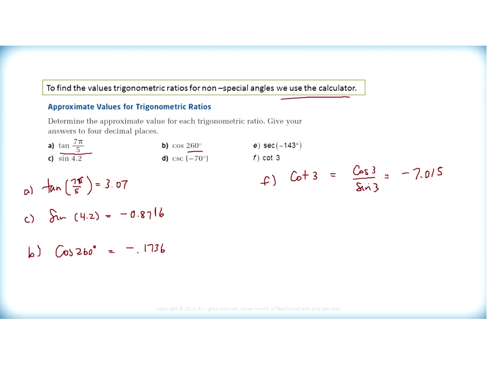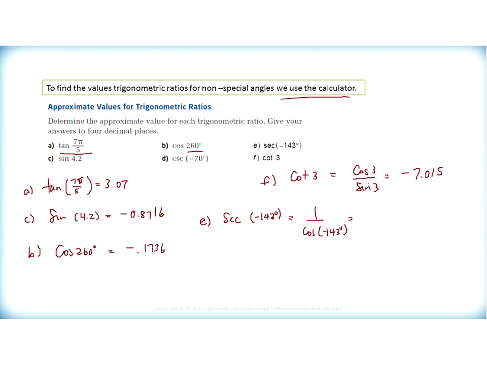Let's have a look at E as well, the secant of negative 143 degrees. Secant is 1 over cosine. So you want to do this on your calculator. You can do this in 2 ways. You can do 1 divided by that, or you can find the cosine of negative 143 and then press the 1 over x button on your calculator.